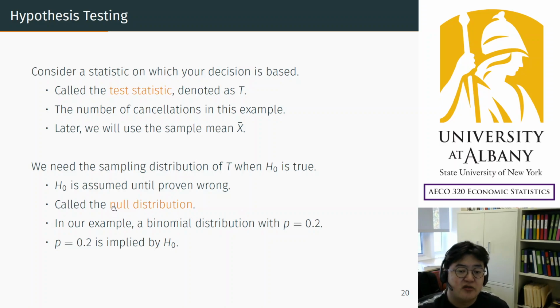That is called the null distribution, right? And remember, the point here is we are assuming the null hypothesis. We still believe that. In calculating the sampling distribution, we believe, like in our example, that the cancellation probability is 20%. Everyone is innocent. Let's calculate the distribution. That is the null distribution.